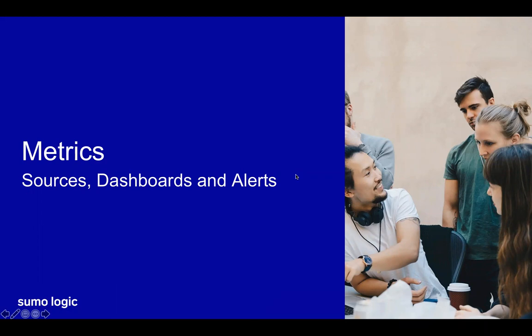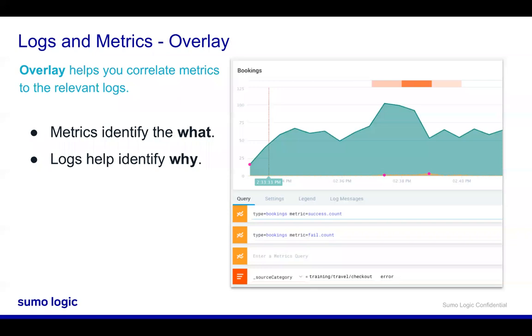Okay, so one function that I just want to touch on, and that you saw within the first demo that we walked through, is the very great function within Sumo Logic called metrics. So with metrics, you can really identify the what, and the logs that you saw could identify why, right?